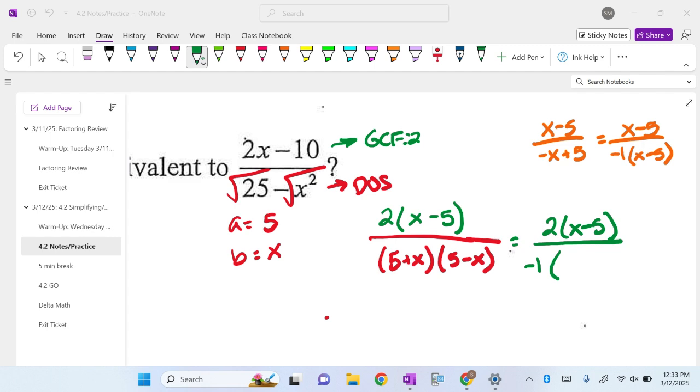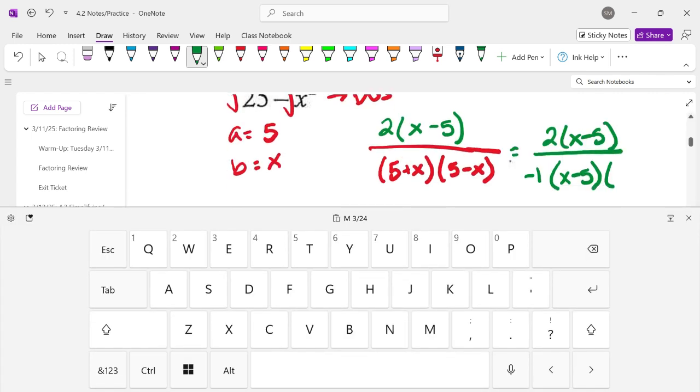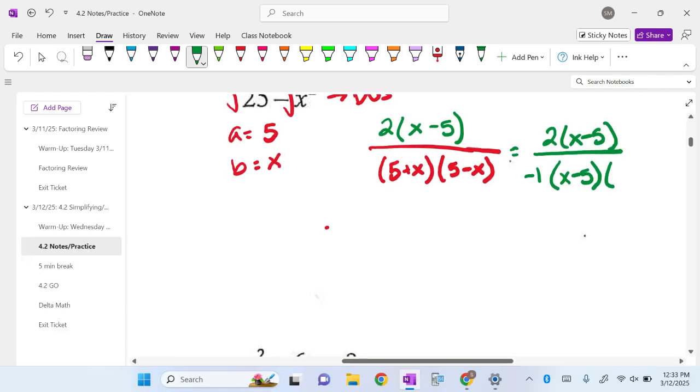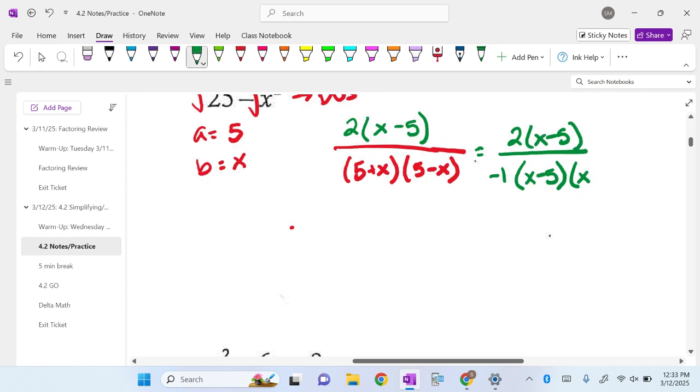Or if you want, just write it as x minus 5, because we already did it. And then 5 plus x is the same thing as what if I just switch the terms? X plus 5, right? Yeah, it's just x plus 5. Because the negative 1 only affects this x minus 5. That's where we took it out of, so we don't have to take the negative 1 out of this term. We just got to take it out of this one.